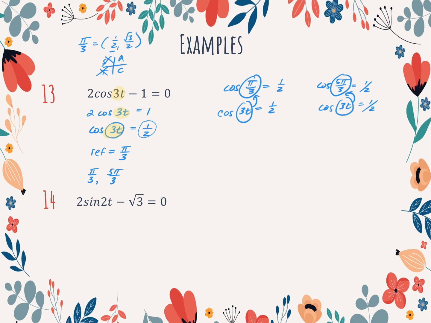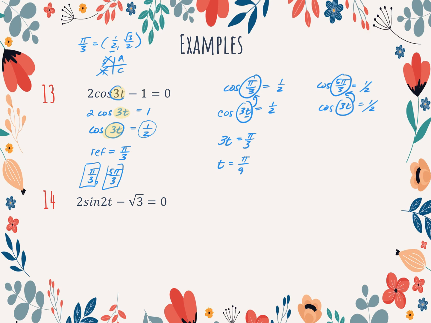Since I know my angles, now I can set up my equations. My first solution is 3t equals pi over 3, which means t is, I'm going to multiply both sides by 1/3, so it's going to be pi over 9. So I'm not really solving for the angle, I'm solving for the variable t.